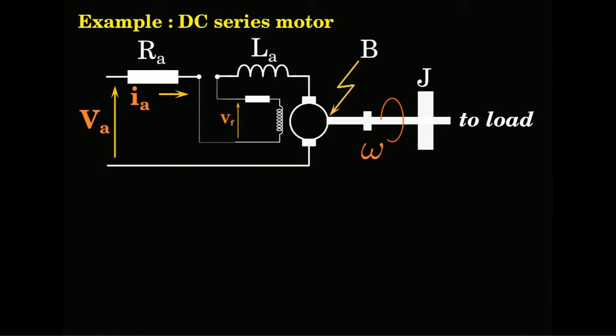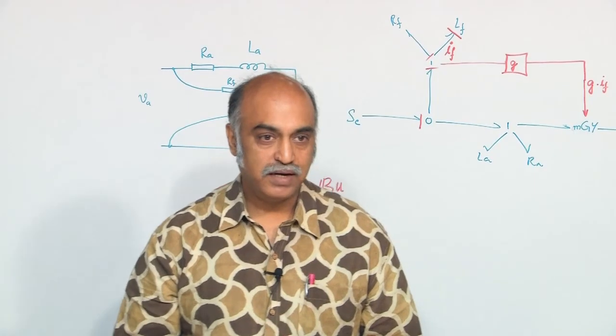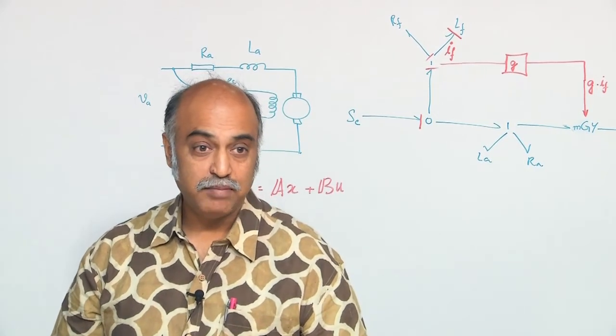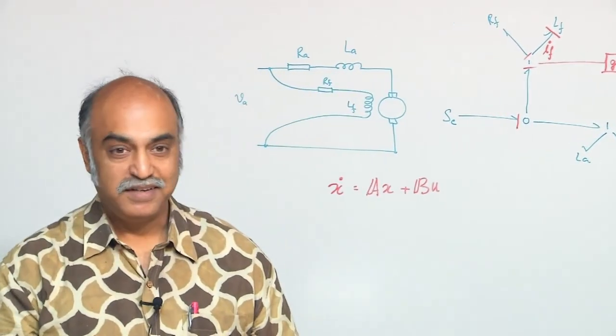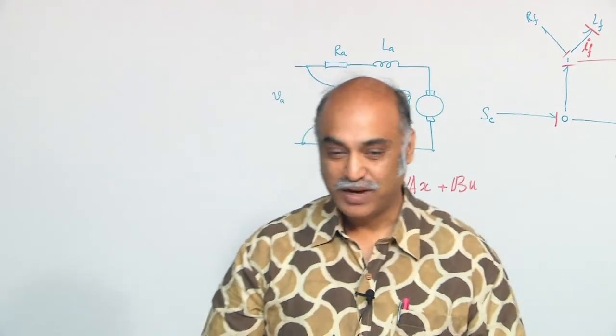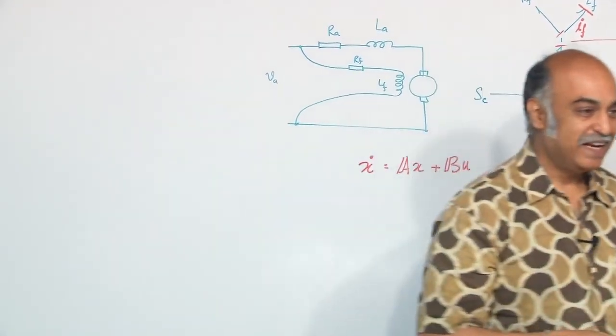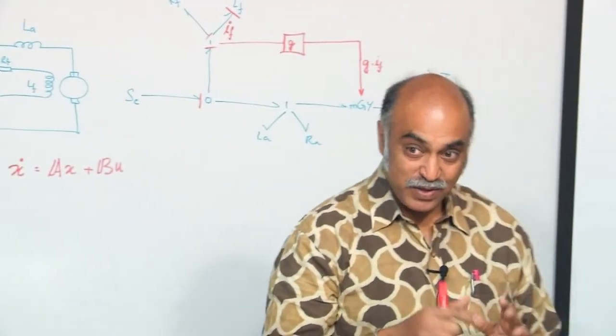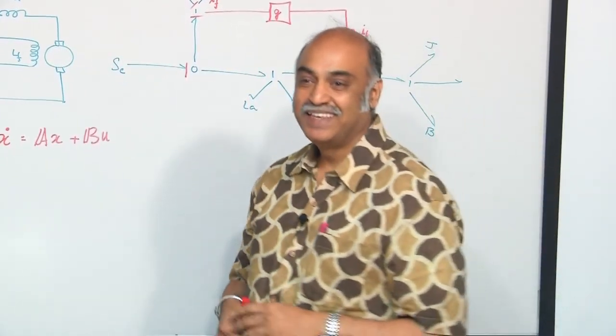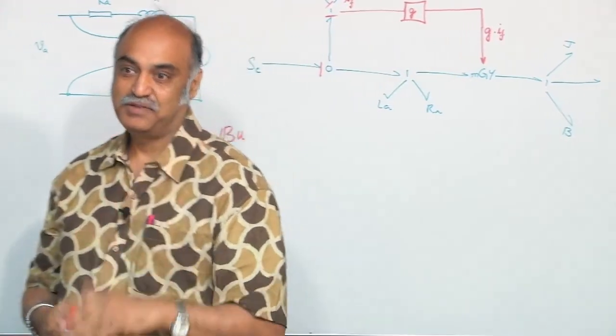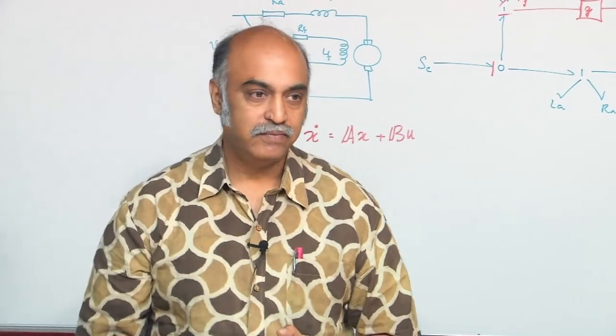It so happens that for the separately excited constant field machine, it turns out to be linear. Okay, you guys are lucky because you have to do it in the lab. But in the majority of the cases you will land up with state multiplication.